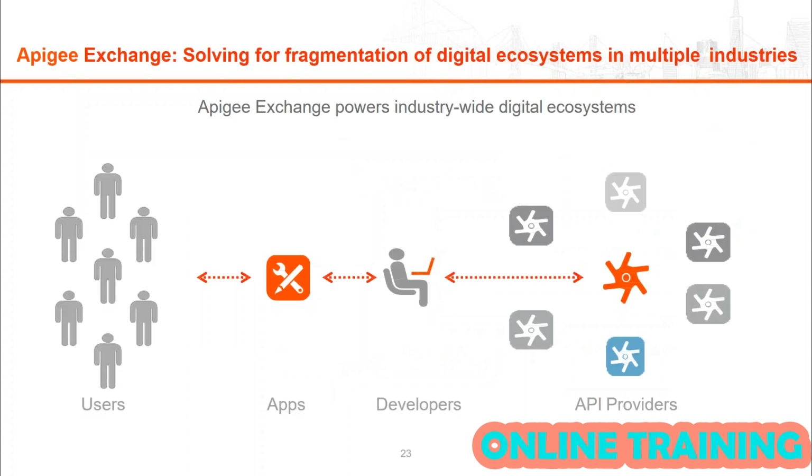See, I told you about accessing different proxies from one particular location, right? So this is how it might look. Users access an app developed by an app developer who is accessing an API developed by an API developer. Now this API or proxy might be accessing other APIs or proxies developed by different developers or organizations.